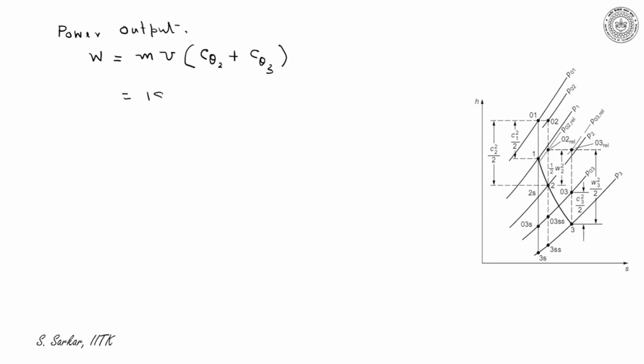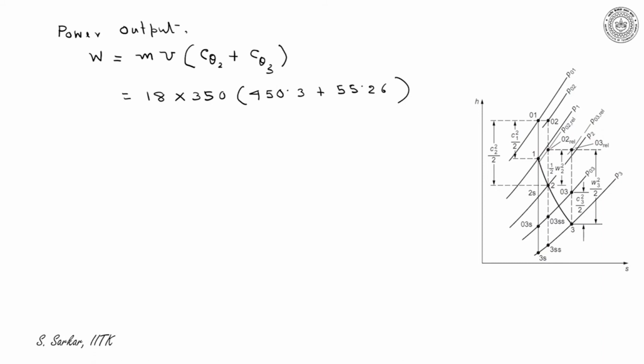M is given as 18 kg per second, U is 350, the value of C theta 2 is 450.3 and C theta 3 I have evaluated as 55.26.